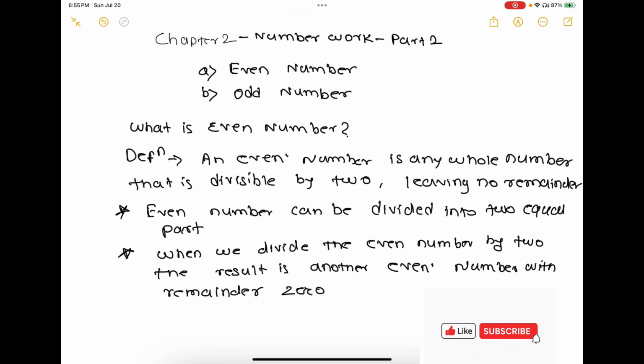Okay, when we divide even number by 2, the result is another even number with remainder 0. We'll try to understand this part with example.